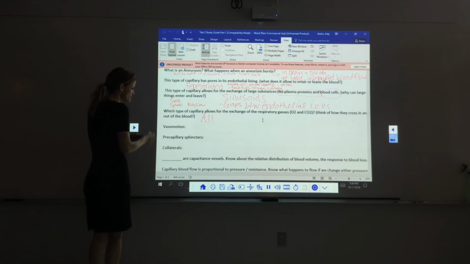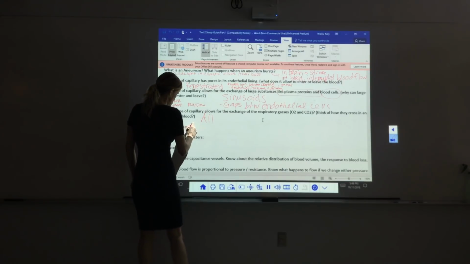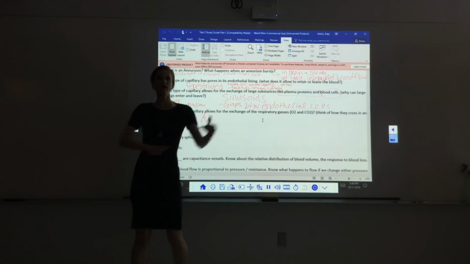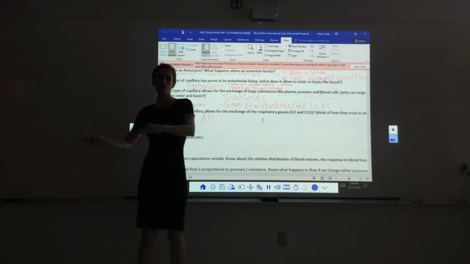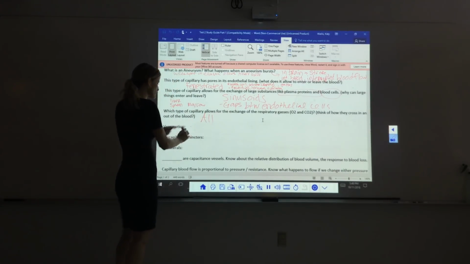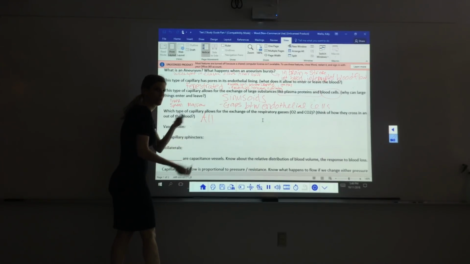What's the definition of vasomotion? Good. So it's kind of like how we constantly change the flow through the capillary bed. And remember, that's because of precapillary sphincters, right?